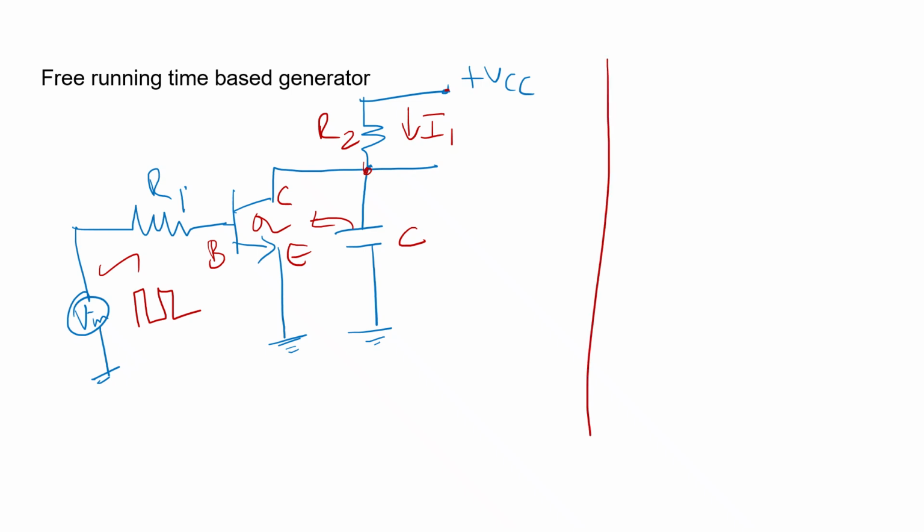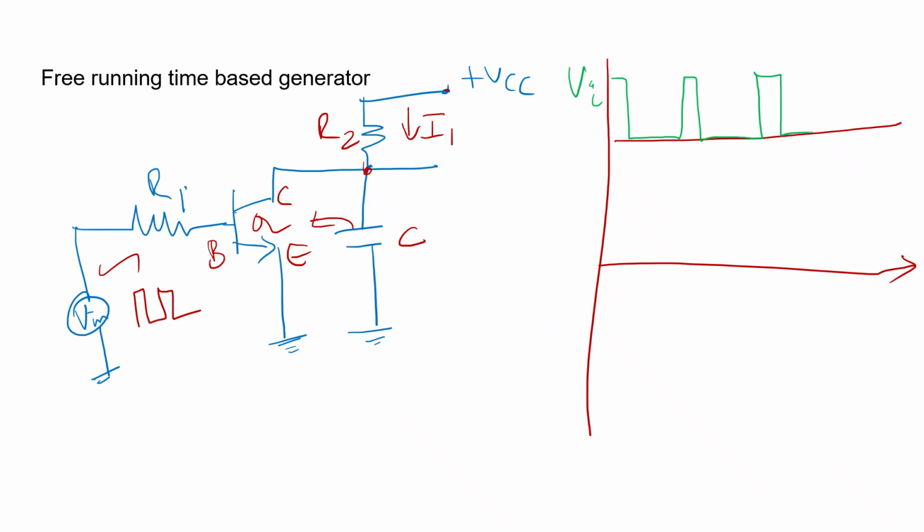I will be drawing the waveform now. When an input voltage, a positive going pulse, is given to the input of the transistor, the capacitor discharges.